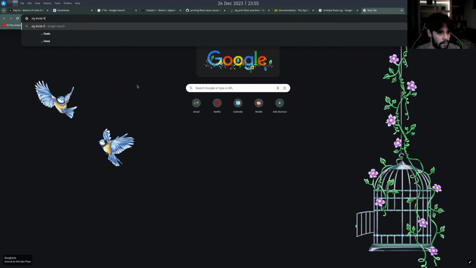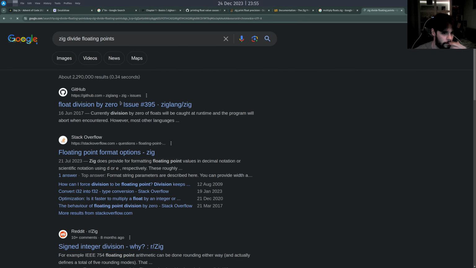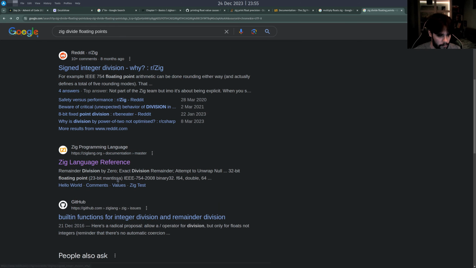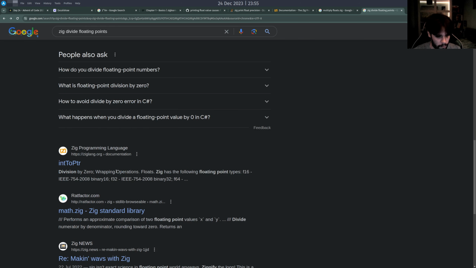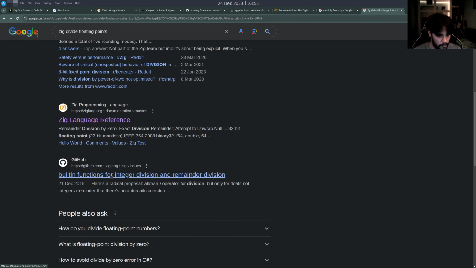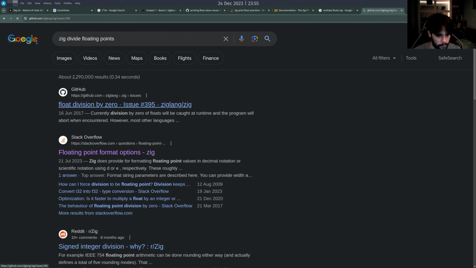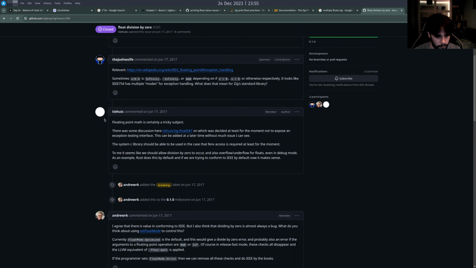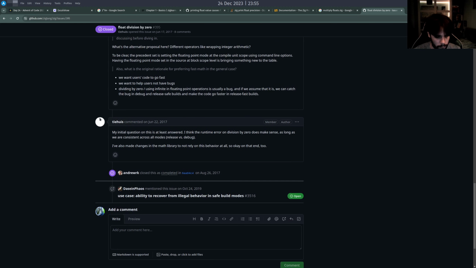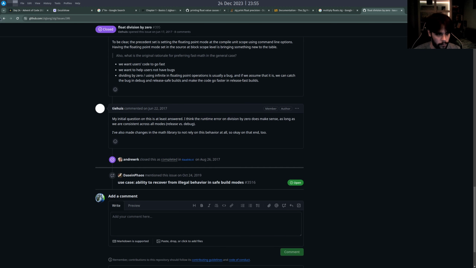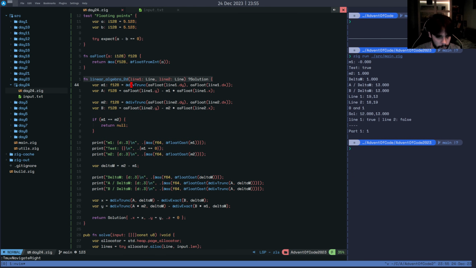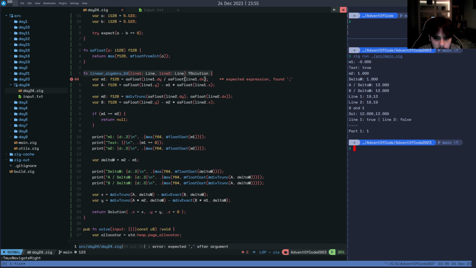Zig divide floating points. I mean, the compiler will tell me to go away, but I'm pretty sure, what if I do that?